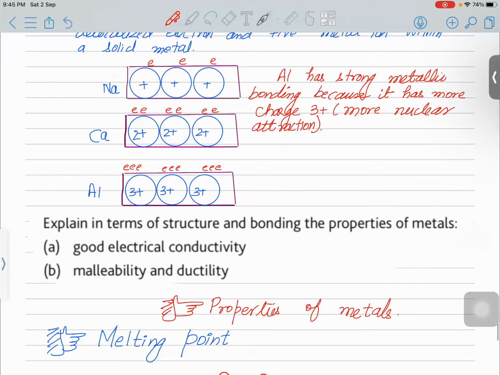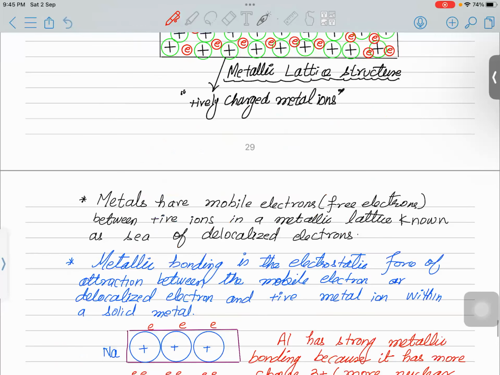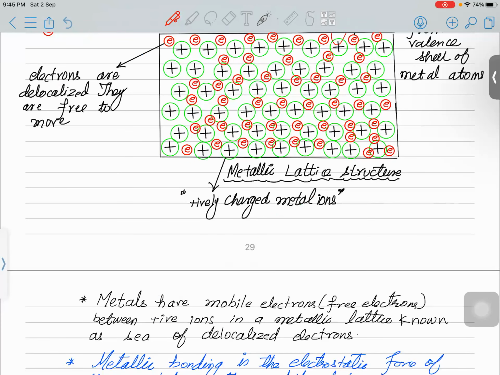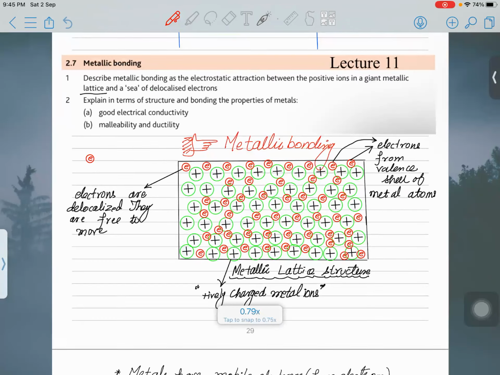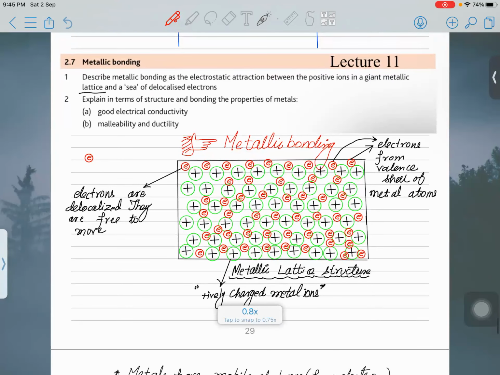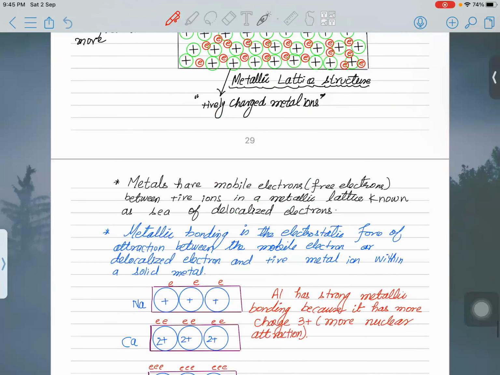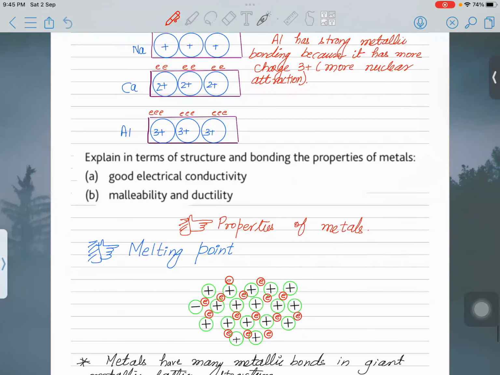That's why it is flexible. Flexible means when you apply pressure, without breaking, they convert into different shapes. Oh, okay, sir. Understood.